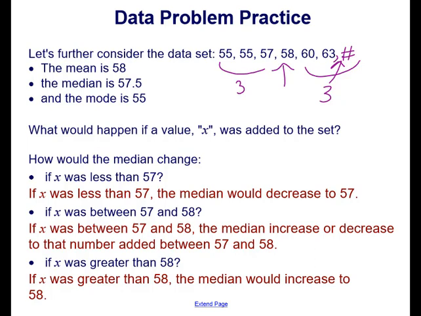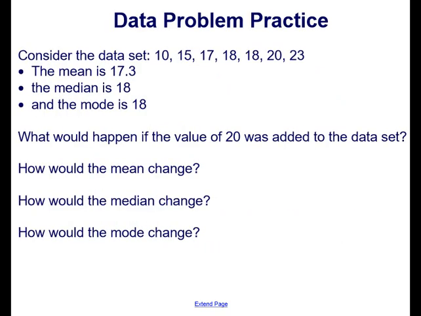Finally, let's take a look at a third example. So it says, consider the data set. We have 10, 15, 17, 18, 18, 20, and 23. We're already telling you the mean is 17.3, the median is 18, and the mode is 18 as well. So think about adding values to the set, and think about what that does to the mean and the median in the set.